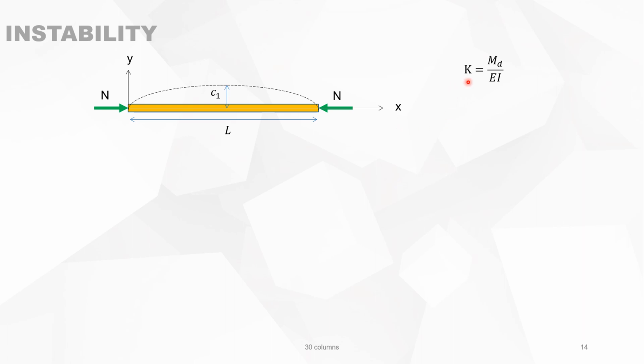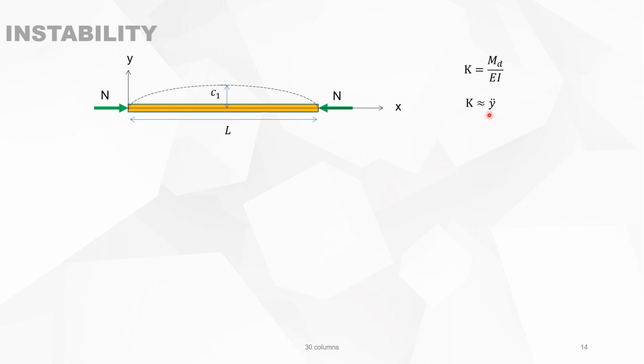The curvature K is then equal to the bending moment divided by EI. We know that this is for small deflections. K is equal to the second derivative of the elastic line, the second derivative of the dotted line here.